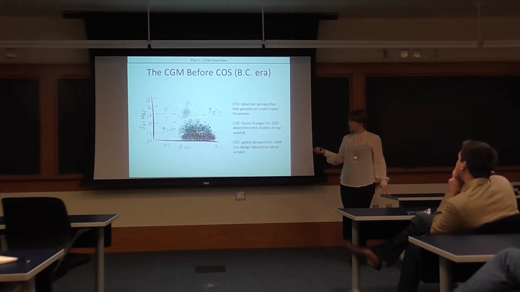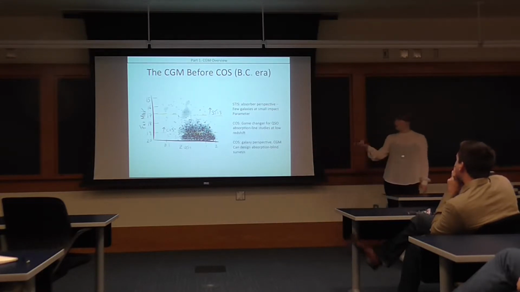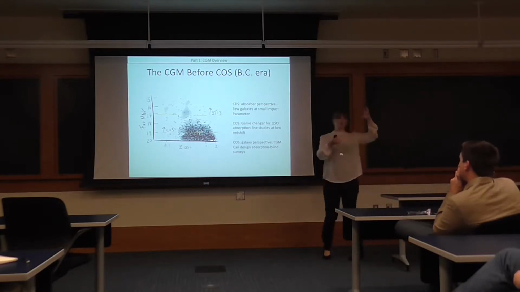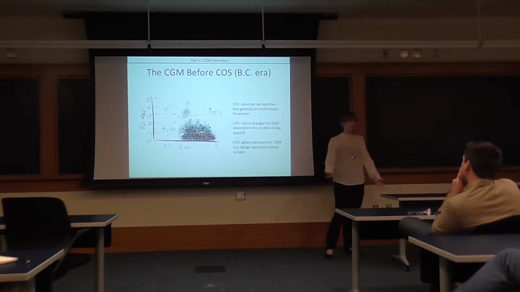You can see I tried to draw the distribution of quasars in terms of their far UV magnitudes in the sky, and most of the high redshift quasars are at fainter magnitudes. Finally with COS we're able to get a whole lot more quasars, and you can design experiments where you have galaxies and quasars nearby in projection that you can actually observe with UV instruments.